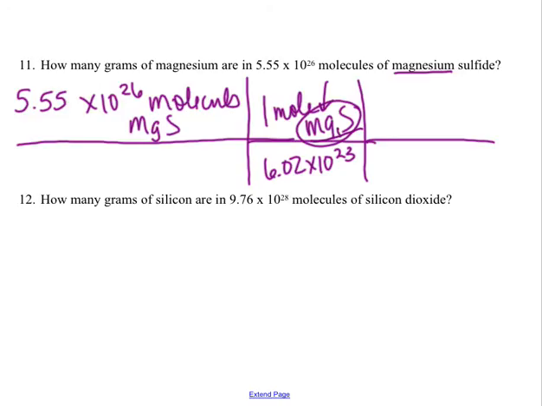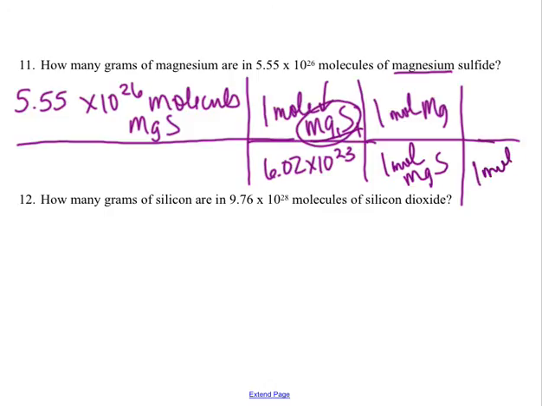You're using these numbers as mole ratios as well. So for every 1 mole of MgS, I have 1 mole of just Mg. So that allows me now to get grams by just multiplying by the molar mass of the Mg. For every 1 mole of Mg, what do I have? 24.31 grams.